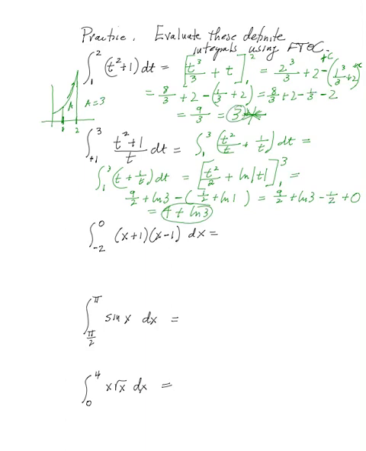That is the net area between the graph of y equal t squared plus 1 over t on the interval from 1 to 3 and the x-axis. Turns out our function's always positive on that interval, so net area is actual area.